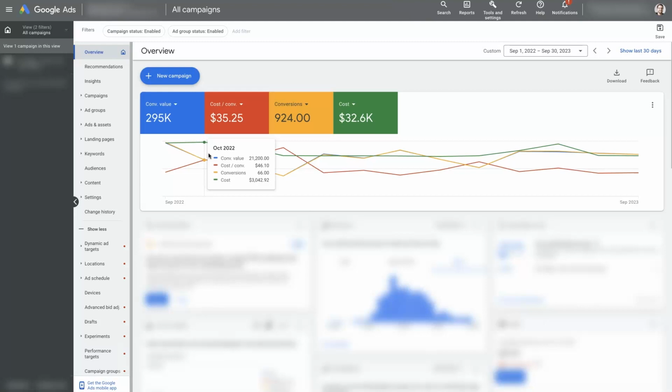There's a couple of national holidays in October, and then November, obviously, we've got Thanksgiving, and December is Christmas here in the United States. So you'll notice that a lot of times you'll see a big drop-off in the number of conversions that you get.